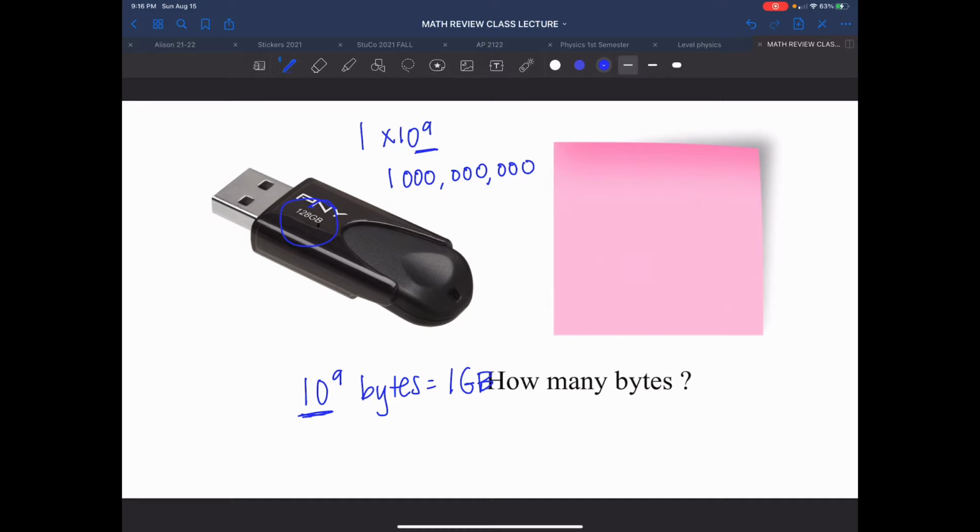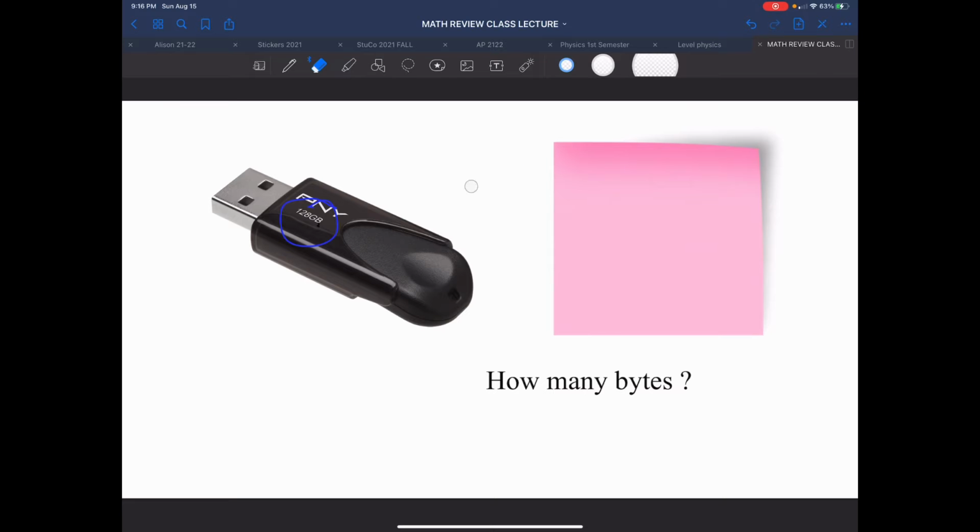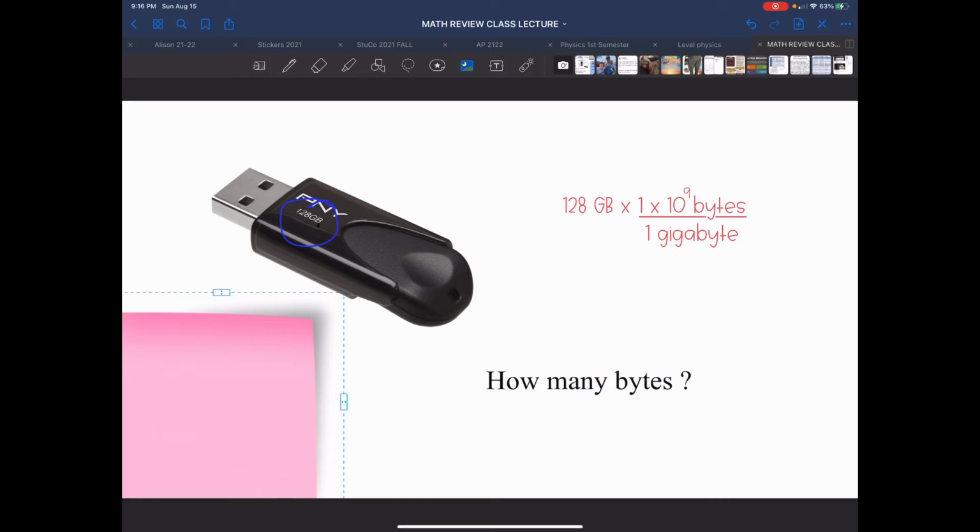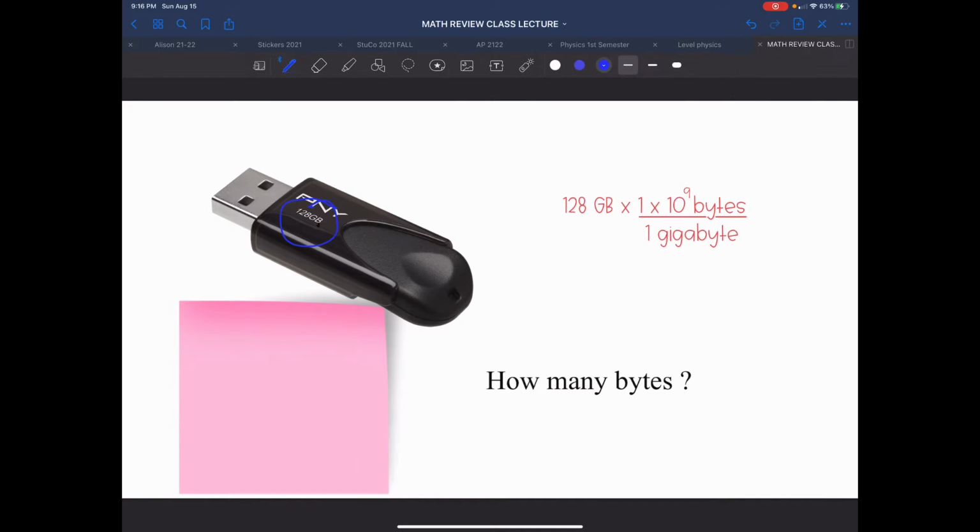All right, so if we want to figure out how many bytes are in this flash drive, here's what we're going to do. We have 128 gigabytes. 1 gigabyte equals 1 times 10 to the ninth bytes. Remember from dimensional analysis, you multiply across the top, divide across the bottom.